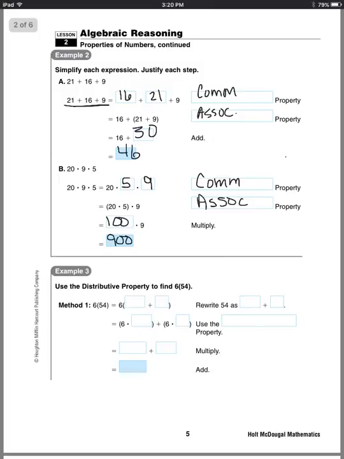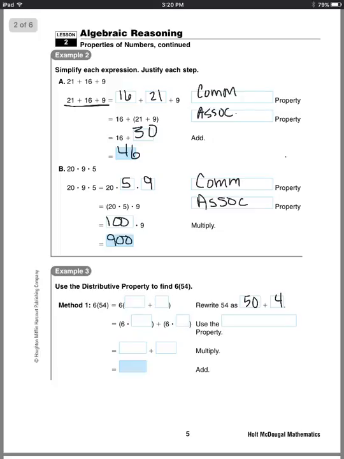So now we have the distributive property. What we want to do is separate the number in parentheses into two numbers. We want to rewrite 54 as 50 and 4, because we want to change the ones number to a 0 and keep the tens place the same.